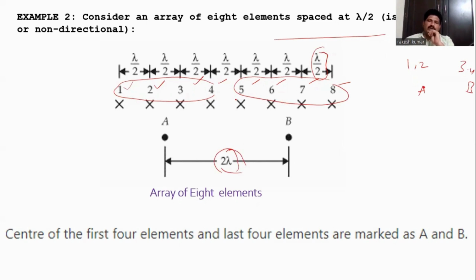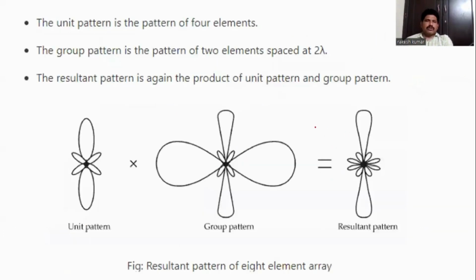Okay, now what should we do? We want to multiply the lambda group pattern with the 2 lambda group pattern. Already you know the pattern for the lambda group. Okay, so this is for the lambda group and this is for the 2 lambda group. Here also, in this direction I am getting maximum radiation.